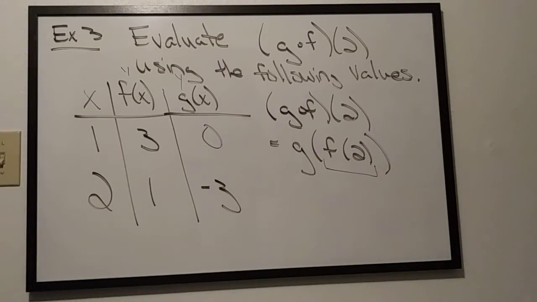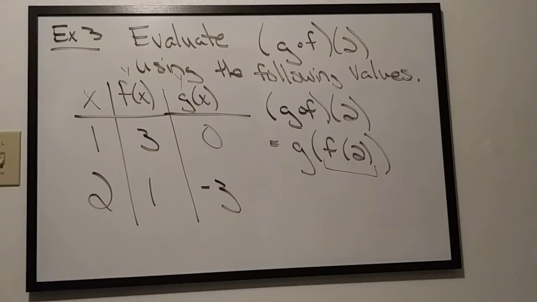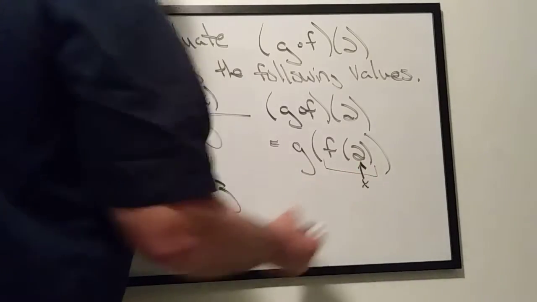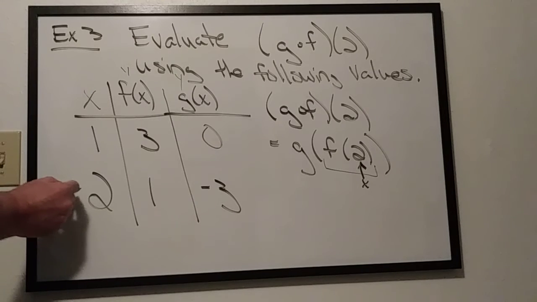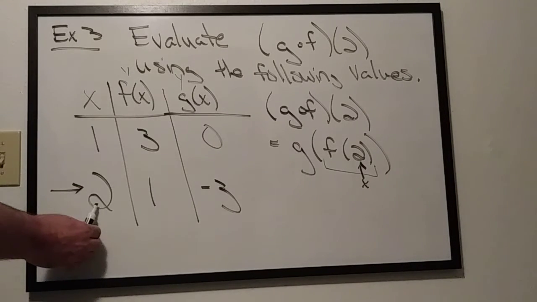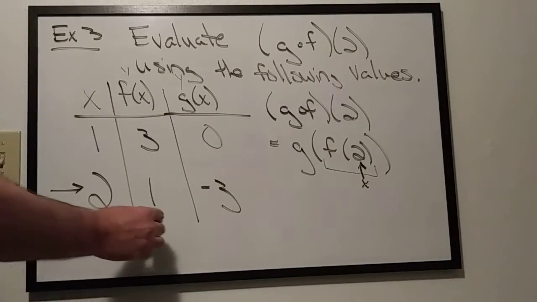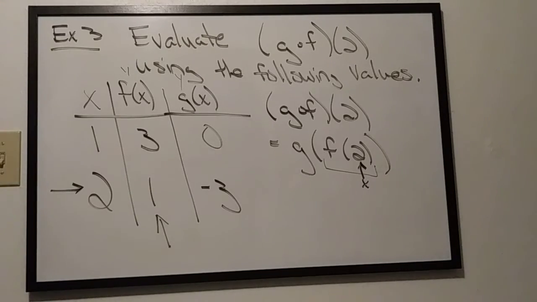Well, as I look at my table, I have to think about which piece in this table is going to be applicable. So I have an X value of 2 sitting there. My X value of 2 is hanging out right there in my bottom row. So I'm giving this X value of 2 to the function F. Well, if I give it to the function F, this table tells me that the corresponding Y value is 1.